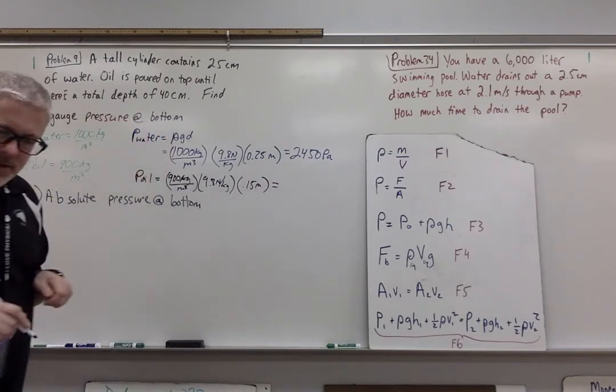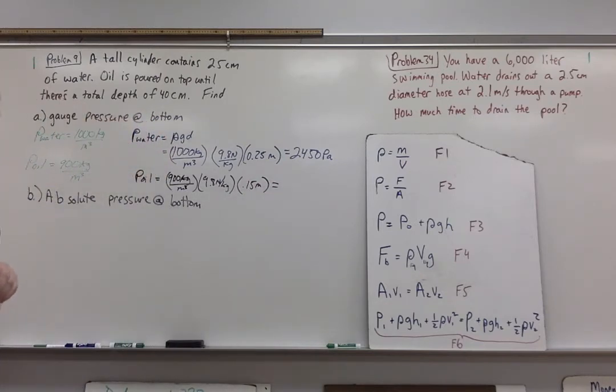That's going to be less, obviously. And that's going to be around 1,300. Let me check here, make sure I did my math right. 0.15 times 900 times 9.8, 1,323.